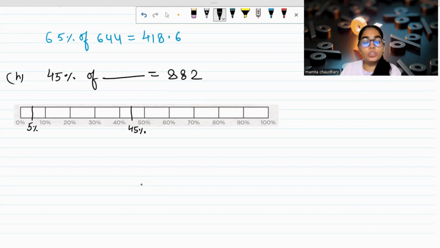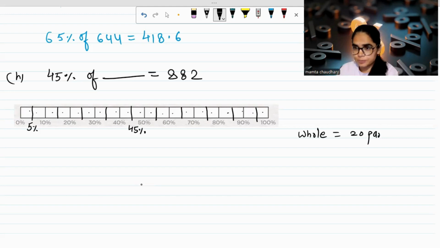So 0, 5%, 10, 15, 20, 25, 30, 35, 40, 45, 50, 55, 60, 65, 70, 75, 80, 85, 90, 95, 100. So total how many parts? 1 to 20. So whole means 20 parts.